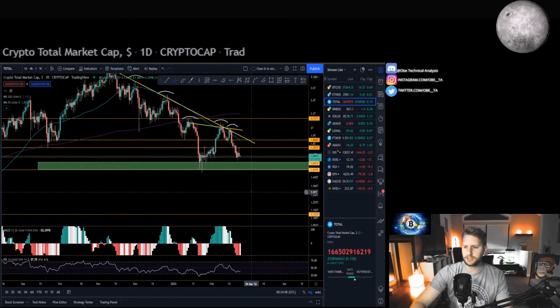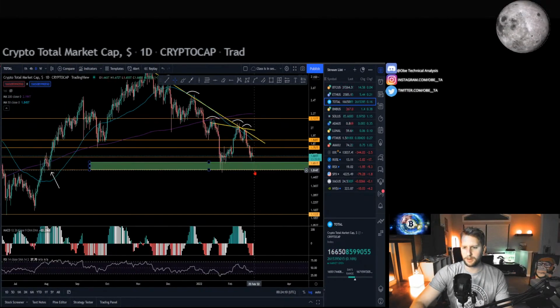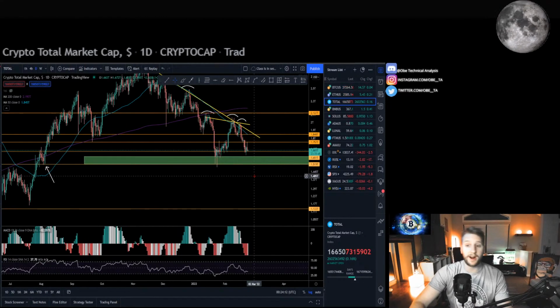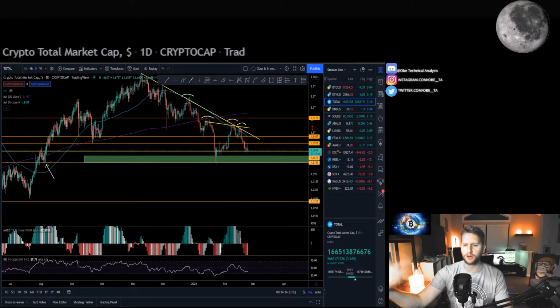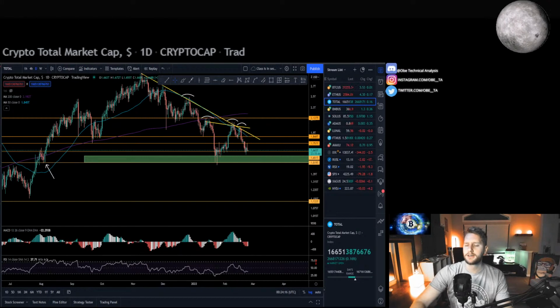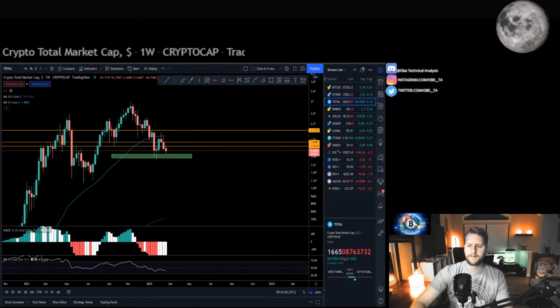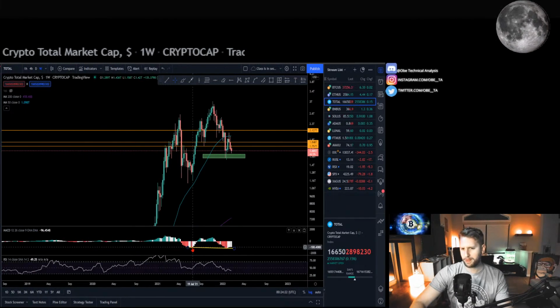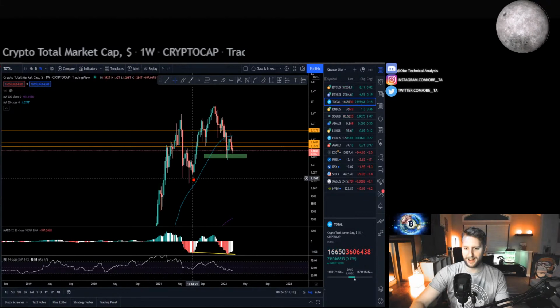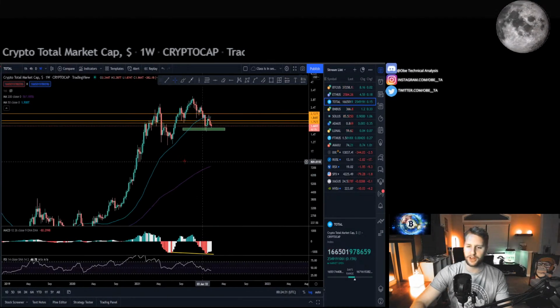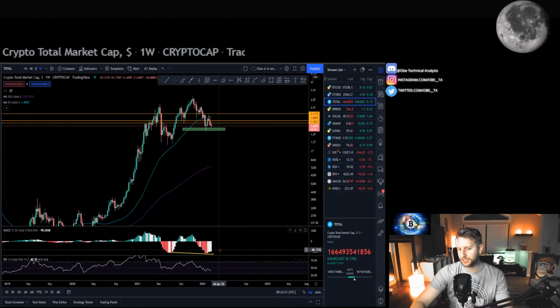But yeah, continuation to the downside implied. Next support coming out around 1.5 trillion. All right, getting back into those whole numbers makes sense, right? Let me take a look at the weekly real quick. If you can get a higher low than that $1.3 trillion, on the weekly, you'll usher in some hidden bullish divergence.